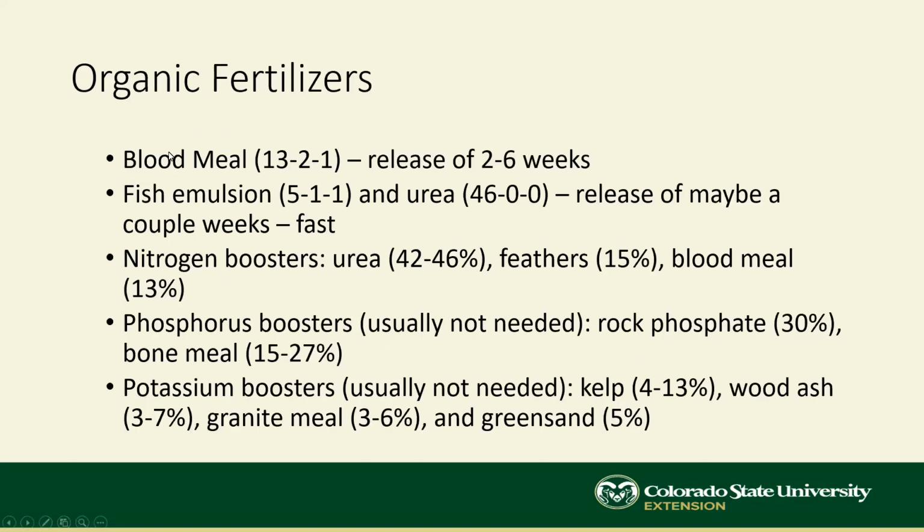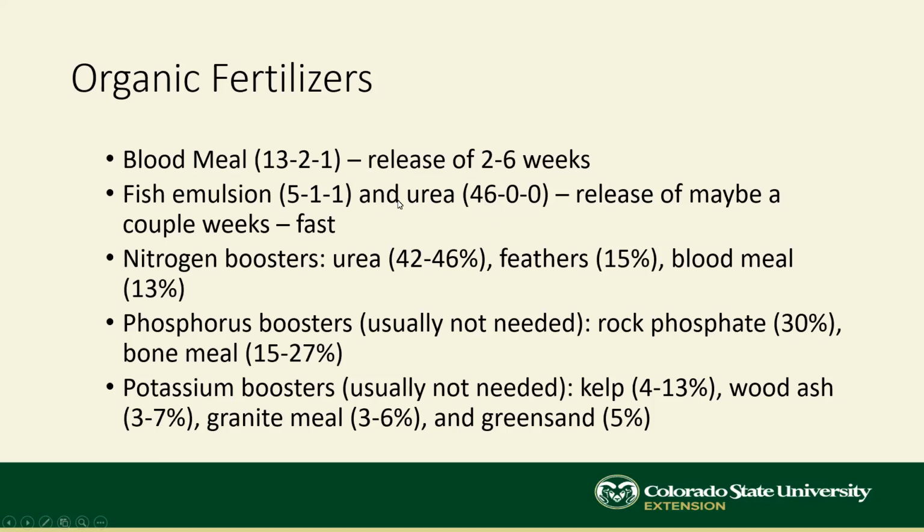These can be blood meal. I put this in here. They can be blood meal, fish emulsion, although you've got to be careful because that can get pretty stinky sometimes. Urea. Urea is one that is really high in nitrogen. That's what these numbers are: nitrogen levels, phosphorus levels and potassium levels, but that first number is nitrogen.